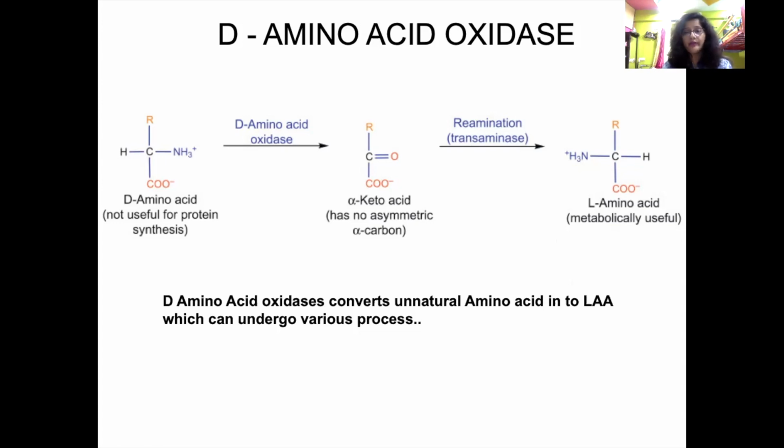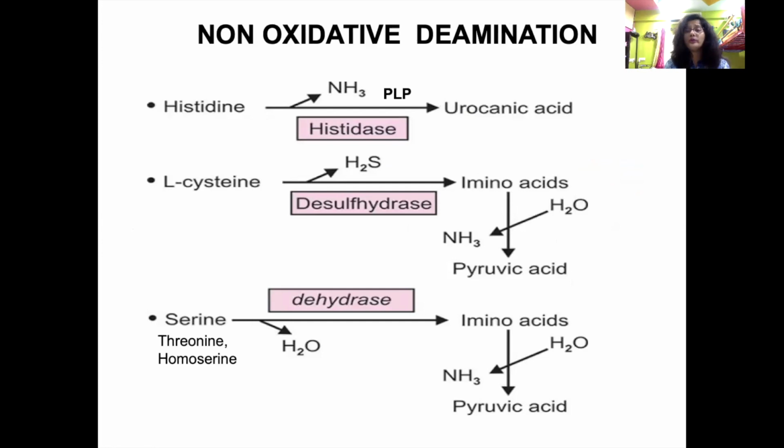So here we end the discussion of all the three enzymes which are responsible for oxidative deamination. Now let's discuss the non-oxidative deamination. As we discussed earlier, non-oxidative deamination is deamination without oxidation, and most of the time it takes out ammonium ion from the amino acid.